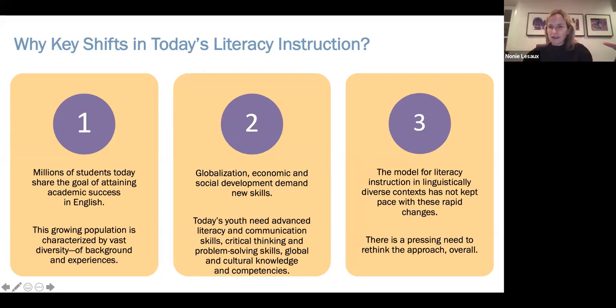Through no fault of anyone's, through no one institution's fault, tremendous change, rapid change, transformative change in a relatively very short period of time. That means there is a pressing need to rethink the approach overall. And that's what I would like to engage us all in today.